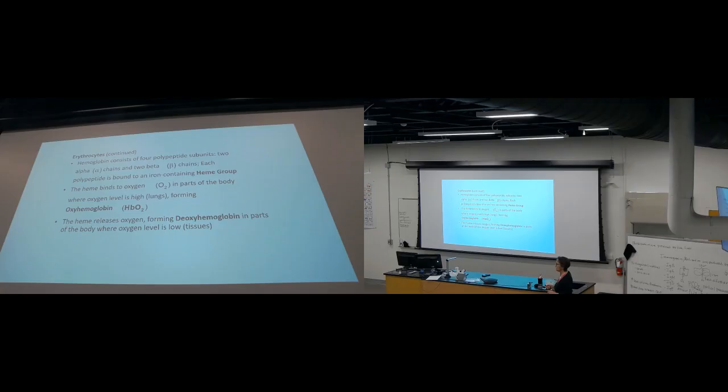And this heme binds oxygen. When it binds oxygen, you call that hemoglobin oxyhemoglobin, or HbO2. And once this hemoglobin releases the oxygen, it becomes deoxygenated, so you call this deoxyhemoglobin.